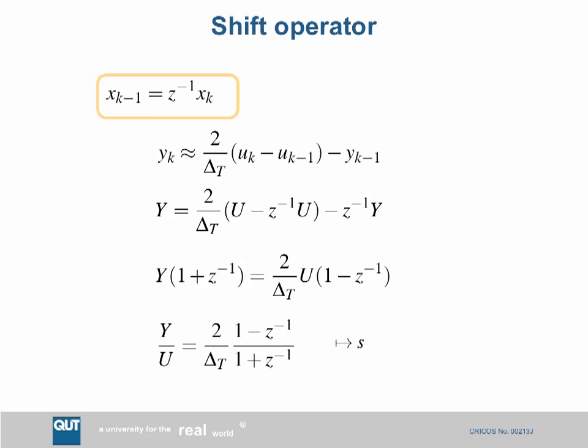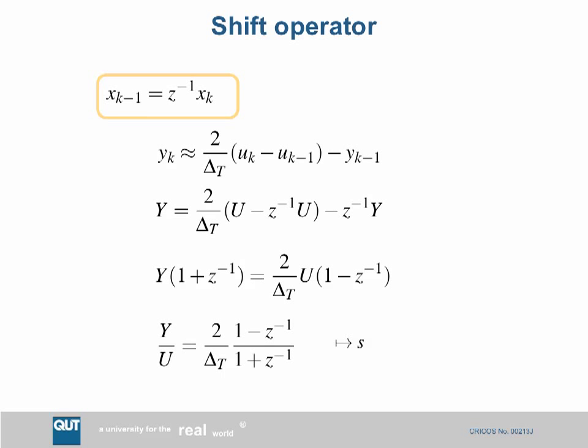We introduced a notation. So in the difference equations, we use the subscript k to represent the element in a time series. So k is the current one, k minus 1 is the one before that. So we introduced this operator z to the minus 1, which delays or shifts a signal by one time step. And that makes the difference equation a lot more tidy. It's a little bit like a Laplace transform. The z is a little bit like s.